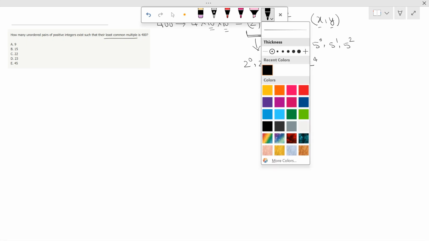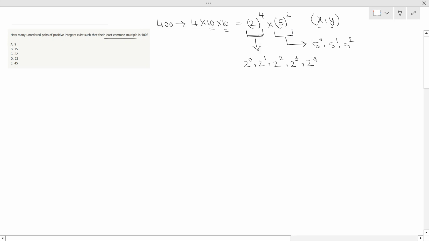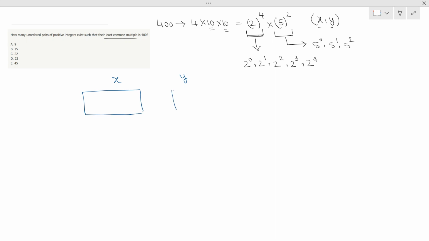Now we'll try to divide this into cases because that will help us visualize this in a better manner. Now let's say I have x and I have y. These are the two numbers in this particular pair, and this is the prime box of x and the prime box of y.